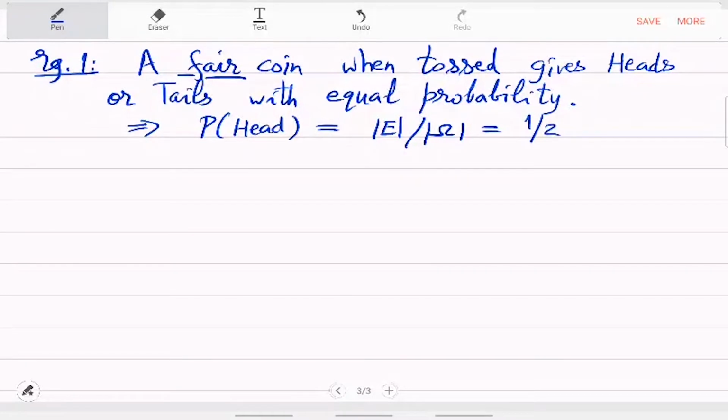You can also write this as 50% chance, but we'll always use fractions. So we'll call this half or 0.5 probability, but sometimes we just multiply it by 100 and call it 50%. This is coming from equal probability. That's the definition of unbiased.